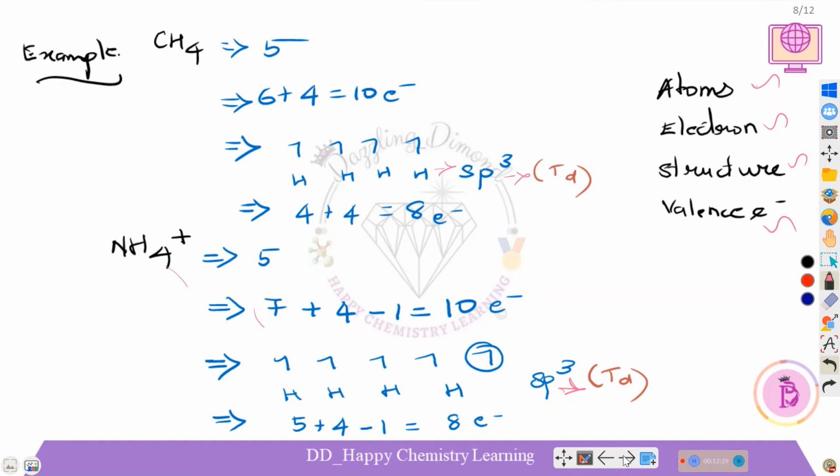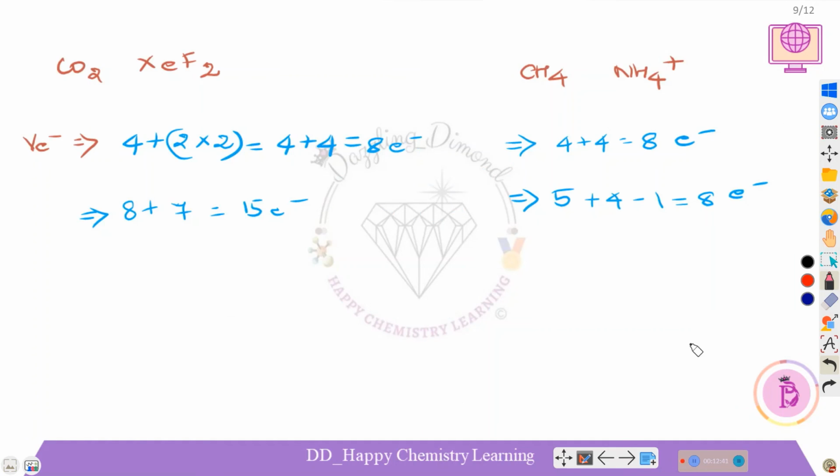But here you can see the valence electrons are not the same, hence they are not considered to be an isostere pair. But CH4 and NH4 plus have the same number of valence electrons, hence they are considered to be isostere pairs. Okay, I hope you have understood this concept well.